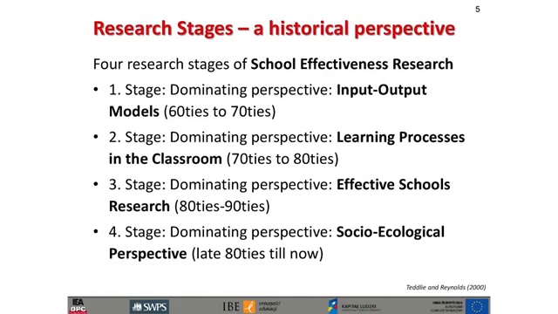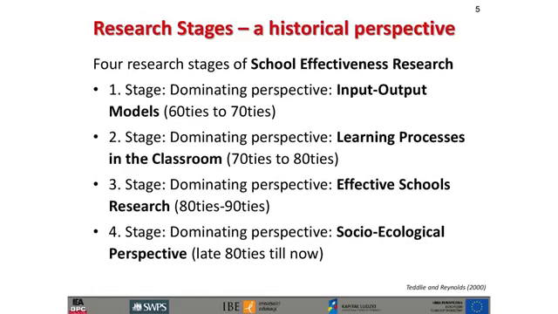We can differentiate four main stages, starting in the early 60s and continuing until now. In the first stage, the dominating perspective was on input-output models, and I will explain in a minute what this means exactly. At the second stage, the dominating perspective was on learning processes in the classroom.